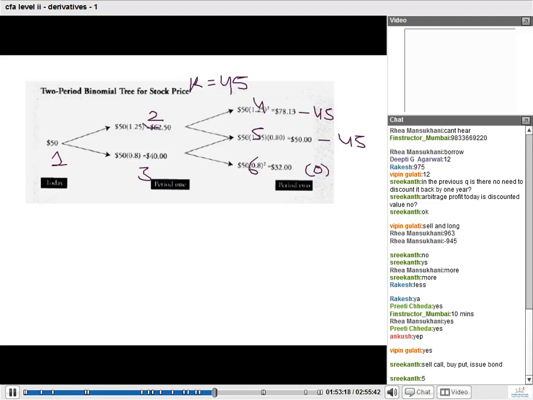Standing at node 2, what do I see? At node 2, I will see there is a 60% chance of a payoff of $33.13, and there's a 40% chance of a payoff of $5.